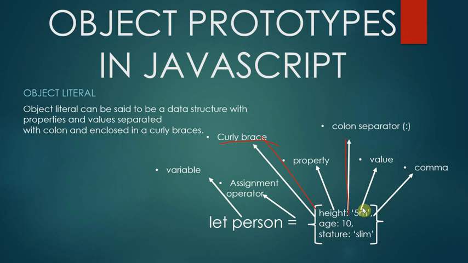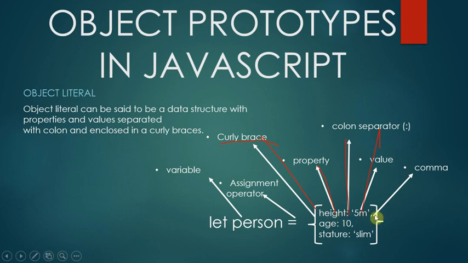Then you can see our properties here, then the values, which are actually 5 meter, 10 and slim. Then we see our assignment operator here, and also the comma that separates each property here.